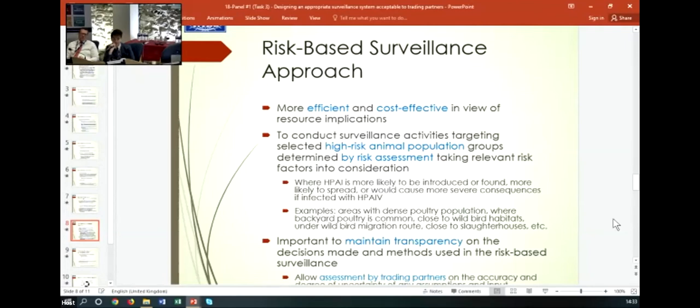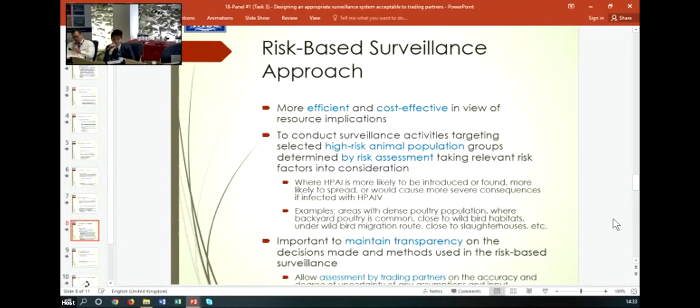These high-risk animal population groups are where HPAI cases are more likely to be introduced or found, where HPAI viruses are more likely to spread, or where it would cause more severe consequences if HPAI virus infection occurred. For example, areas with dense poultry population and areas close to wild bird habitats and slaughterhouses. Overall, risk-based surveillance approach offers a more efficient and cost-effective way for detecting HPAI cases.